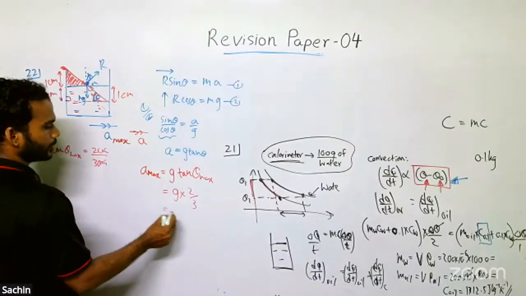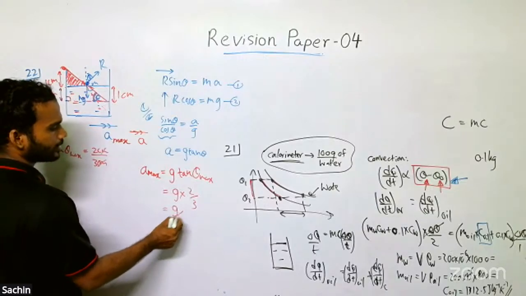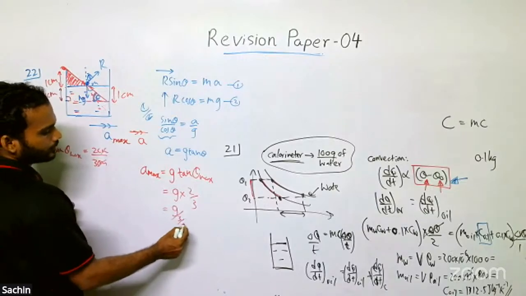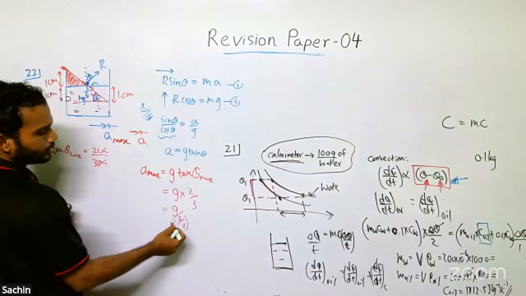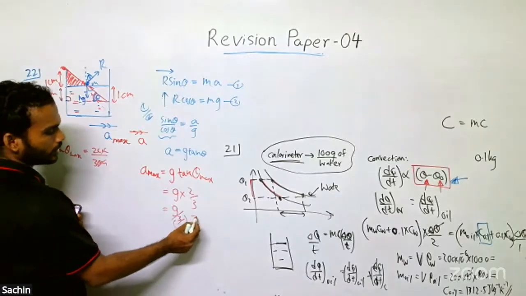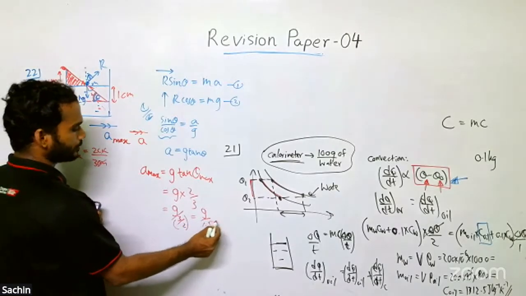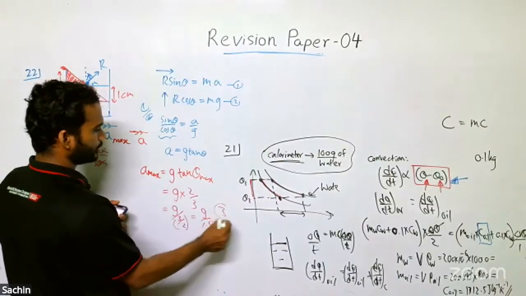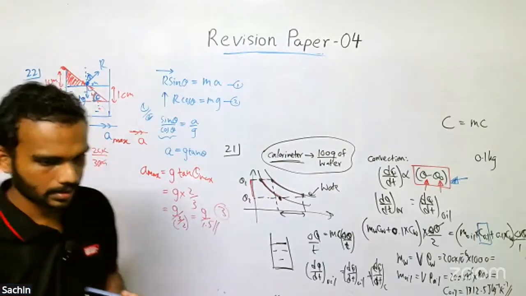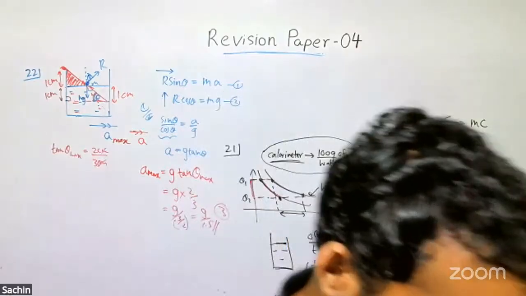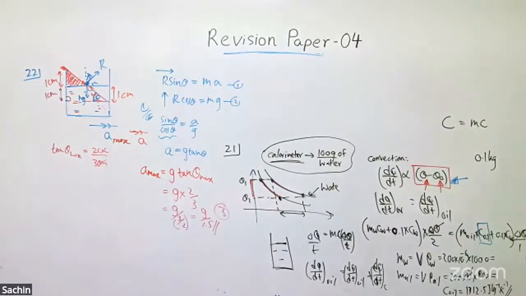So you can rearrange like this, right? This 2 can be taken to the denominator, so it will become 3 over 2. So 3 over 2 means 1.5. So the answer is 30.